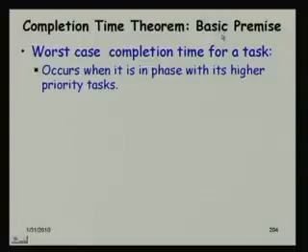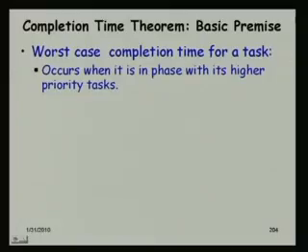The main idea behind this theorem is that for any set of tasks, the worst case schedulability, or the most likeliness of them missing the deadline, occurs when the task set is in phase with each other. If a lower priority task is out of phase with a higher priority task, then it is likely to get more CPU time, but if it is in phase with a higher priority task, then chances are that it will not meet its deadline.